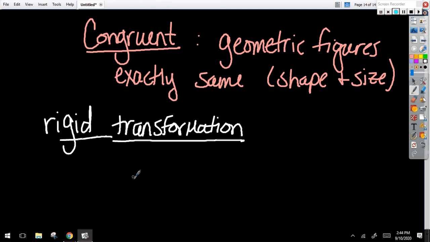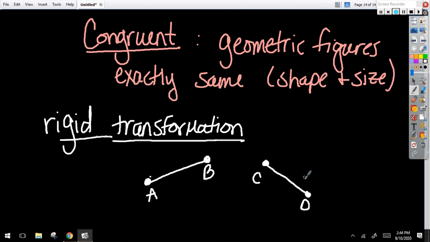In other words, let's take congruent line segments, okay? Let's say that line segment AB, let's say that these two are congruent, okay? If I were able to literally pick them up and move them around, they would still be congruent because their size and their shape has not changed at all, okay?